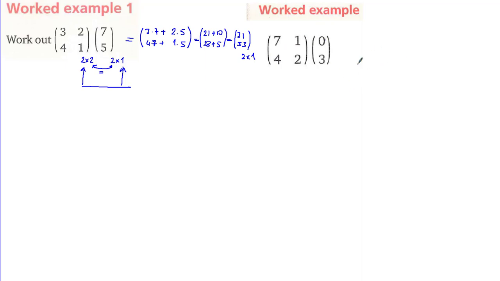Now we are going to do the same operation for this one, maybe to practice more.